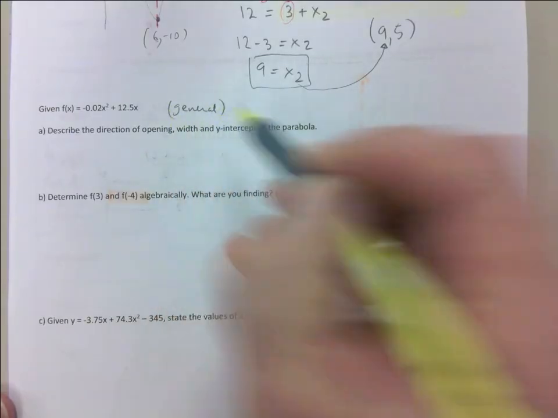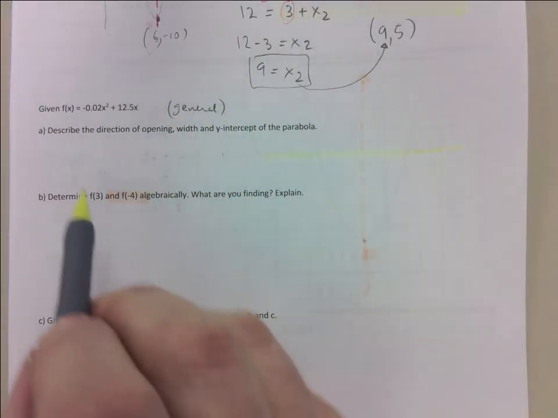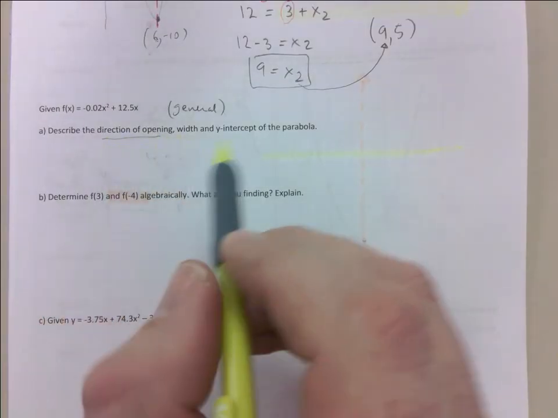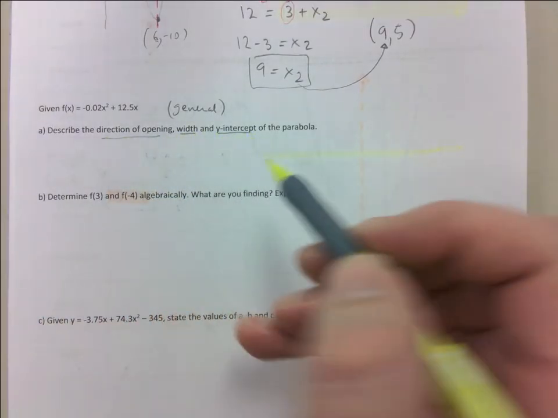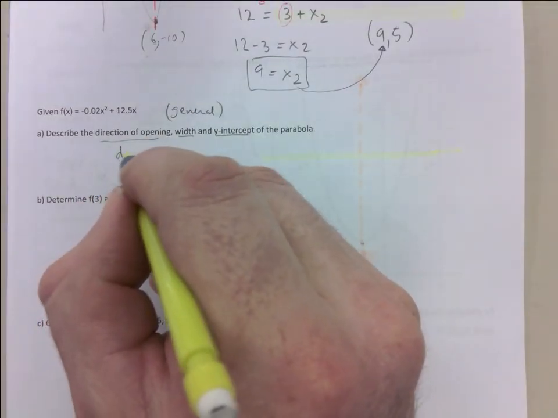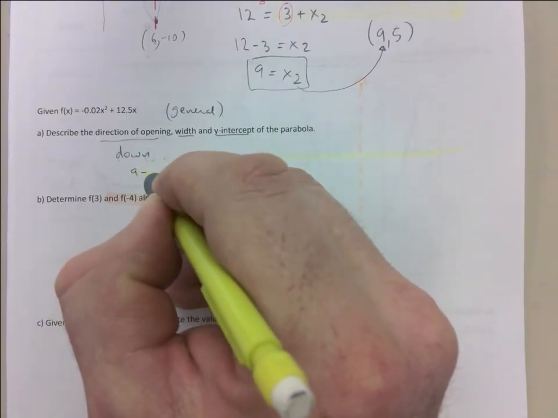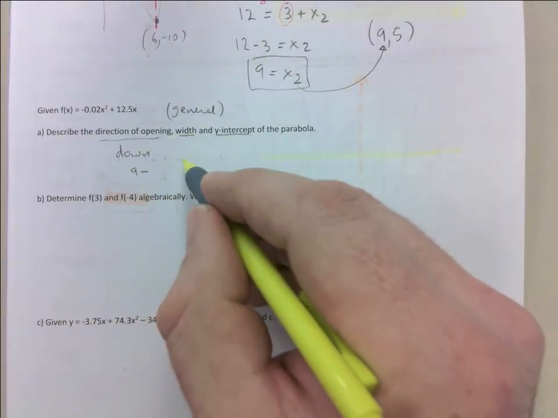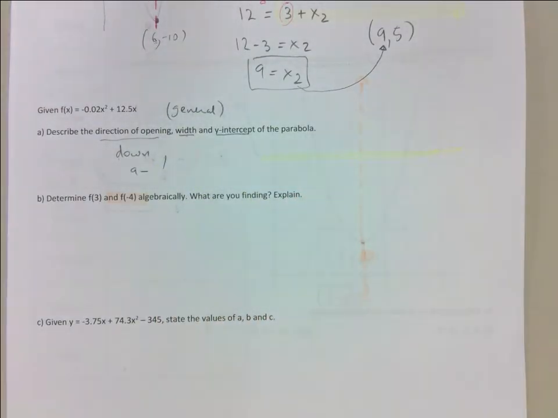Tomorrow we're going to talk about the other forms a little bit more. Describe the direction of opening, the width, and the y-intercept of the parabola. I think that you would already know, okay? It's pointing down because a is negative. The width, what is the width? Wide or narrow? Do you remember? Have that on your study sheet.